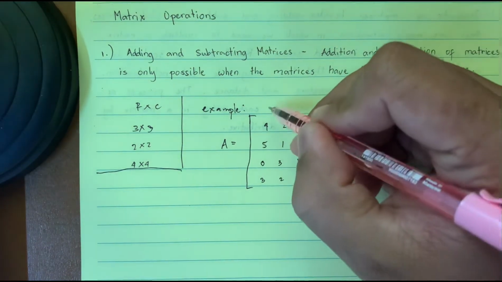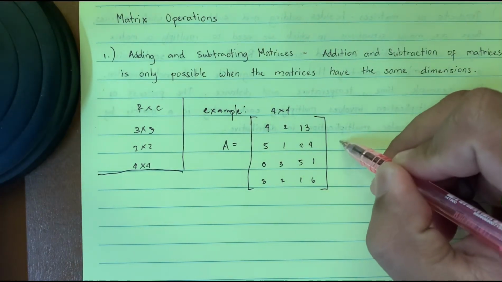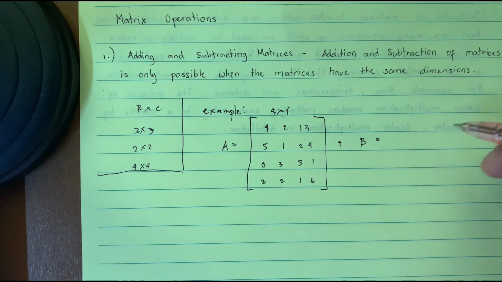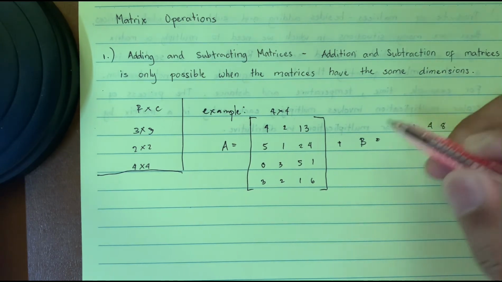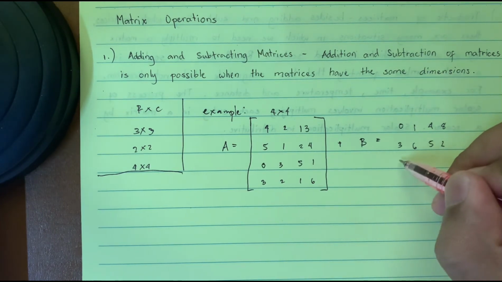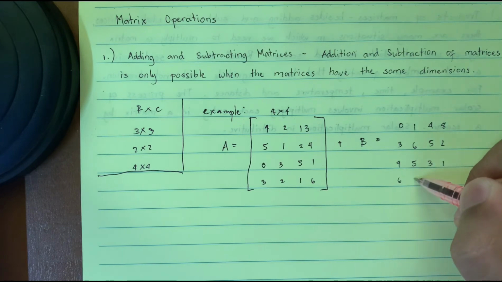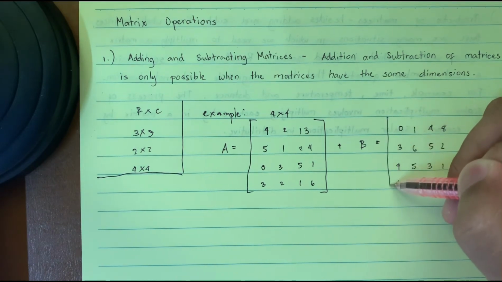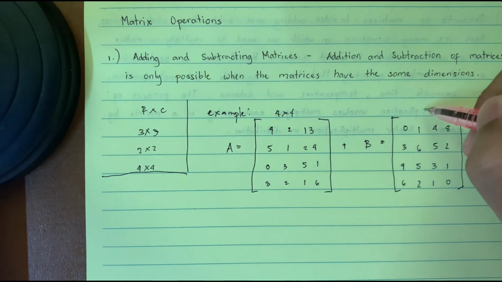Matrix A is a 4 by 4 matrix, and plus matrix B is equal to 0 1 4 8 3, 6 5 2 4, 5 3 1, 6 2 1 0. This one is also 4 by 4.